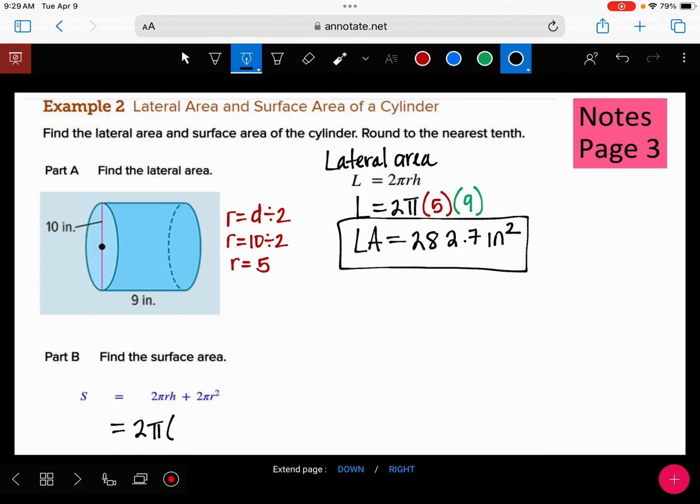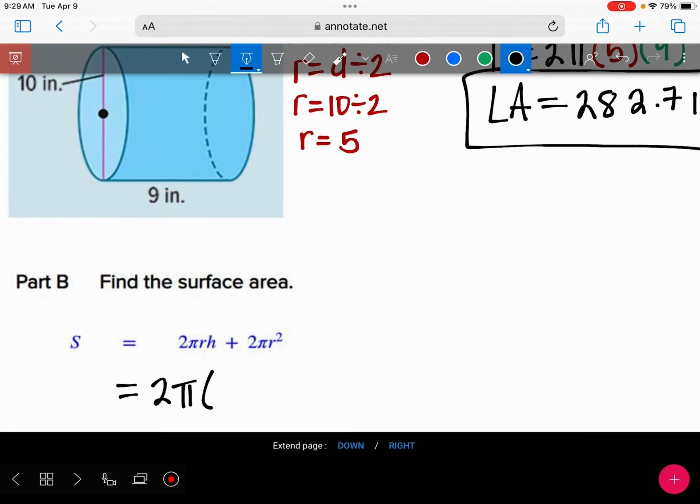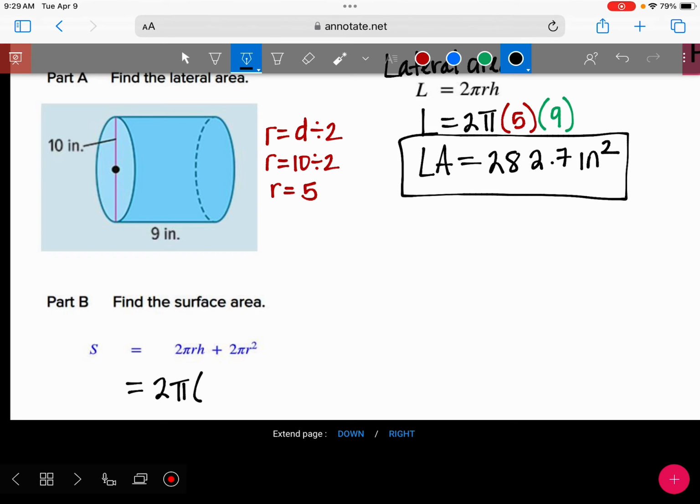All right, and then surface area, you're using your same lateral area. We're just adding on to that. So we have 2 pi 5 times the height, which we said is 9. And then we're adding on to that 2 times pi. And what's the radius? What did we say our radius was? Radius is 5 squared.